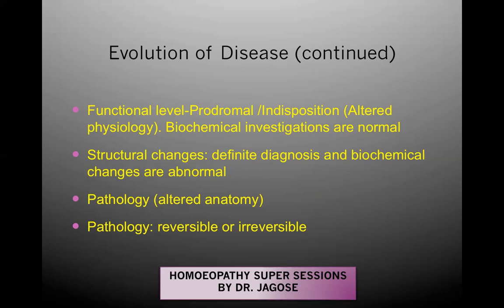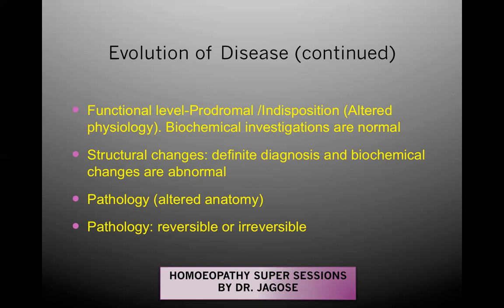Now, as the disease advances from the prodromal stage to the structural changes, out here, definitely we are getting the location, the organ, or the system, or the part of the body involved. And out here, we are getting certain changes in the organs, part, or system, or the location, which are definitely abnormal.